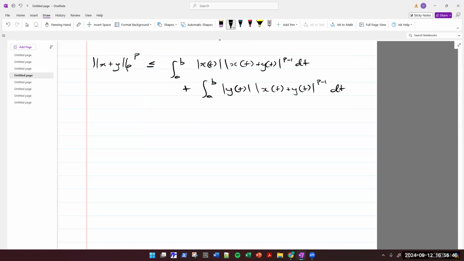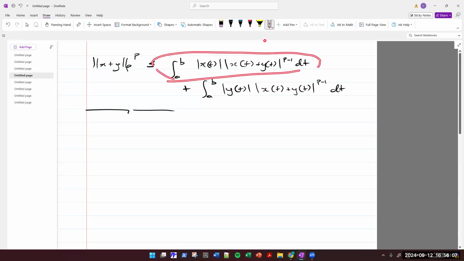Okay, so I'm going to use Holder's inequality 2 times. Actually, since it's the first time you all might be seeing this, it might be easier to do each part separately. So I'm just going to take this first part. The second part is exactly the same.